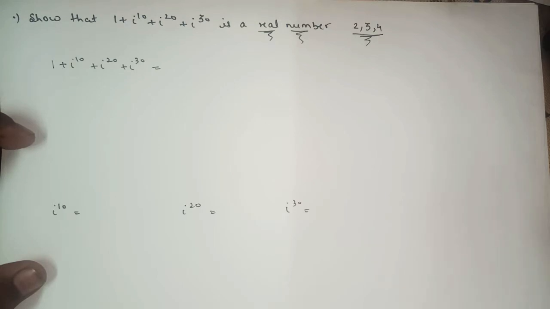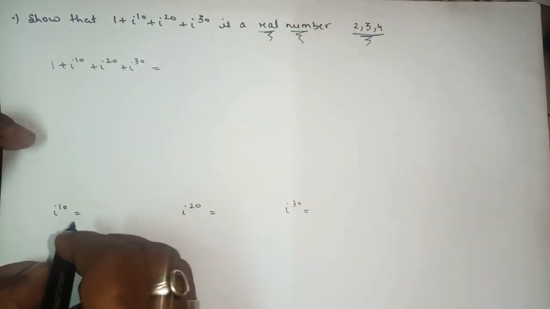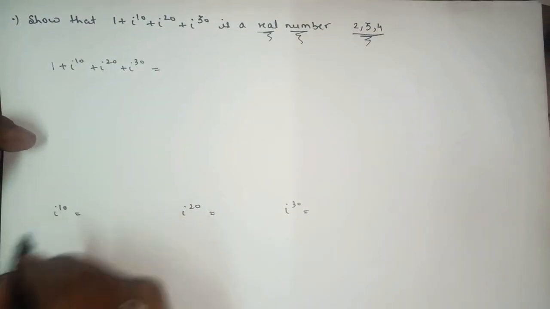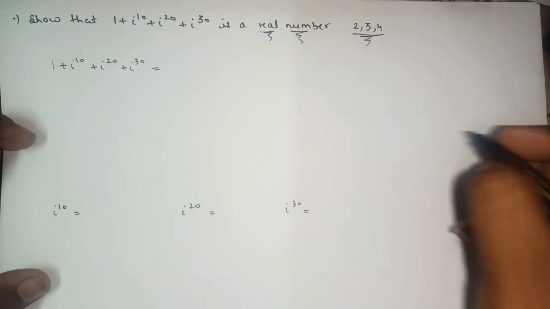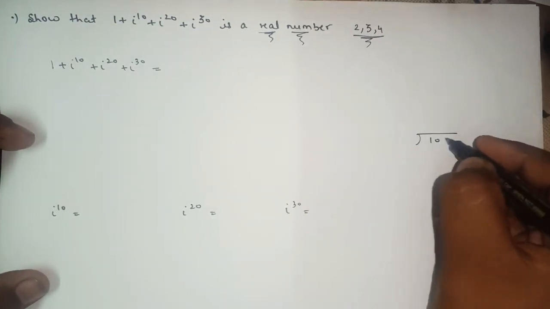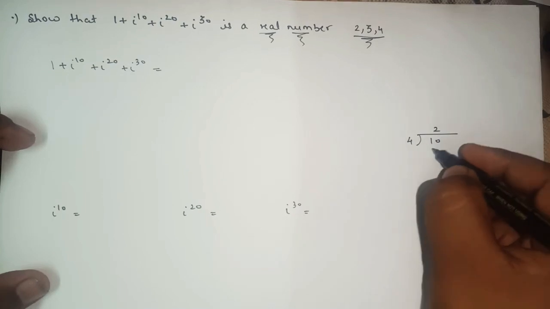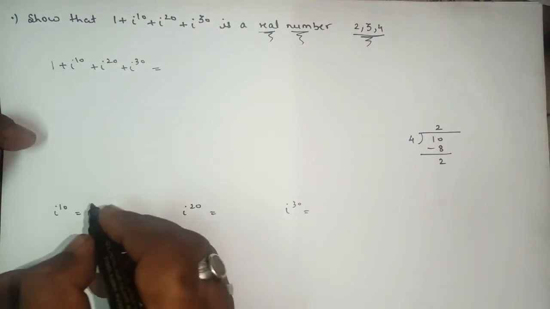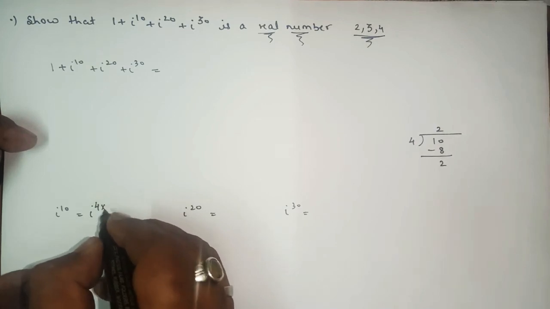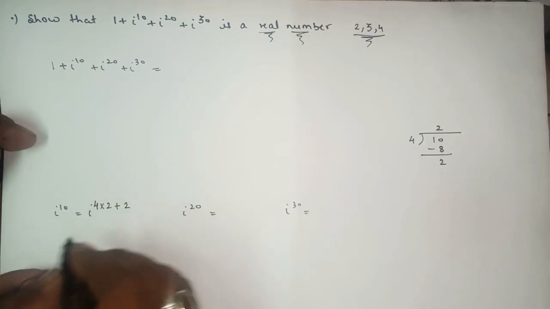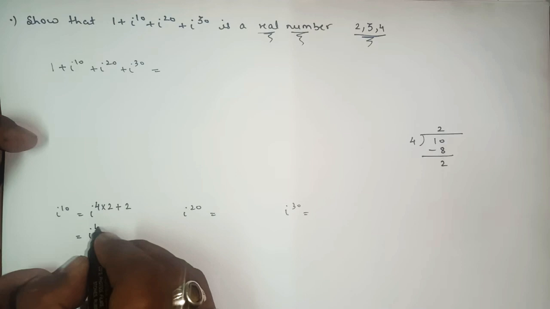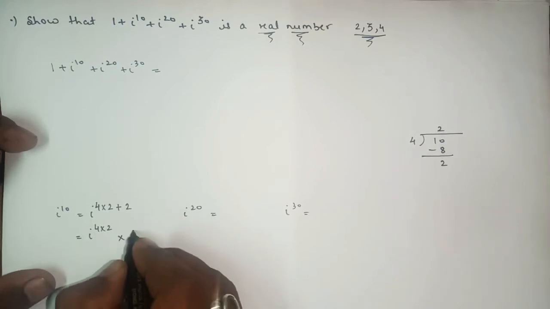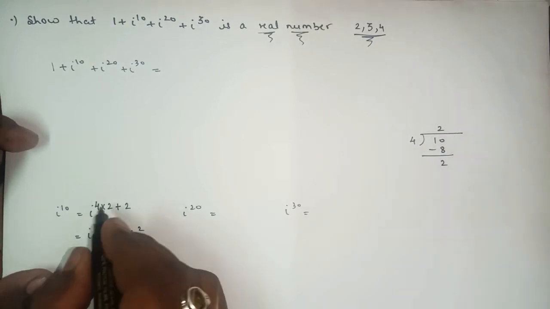So i^10, divided by 4, so 4 twos are 8, so here we are left with 2. So this we can write as i raised to 4 into 2 plus 2. Further this we can write as i raised to 4 into 2 into i square using the formula a raised to m plus n.